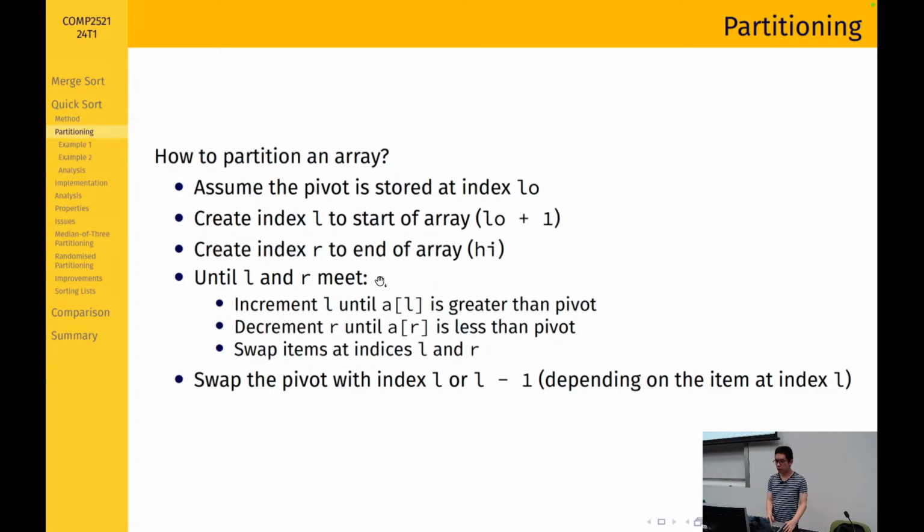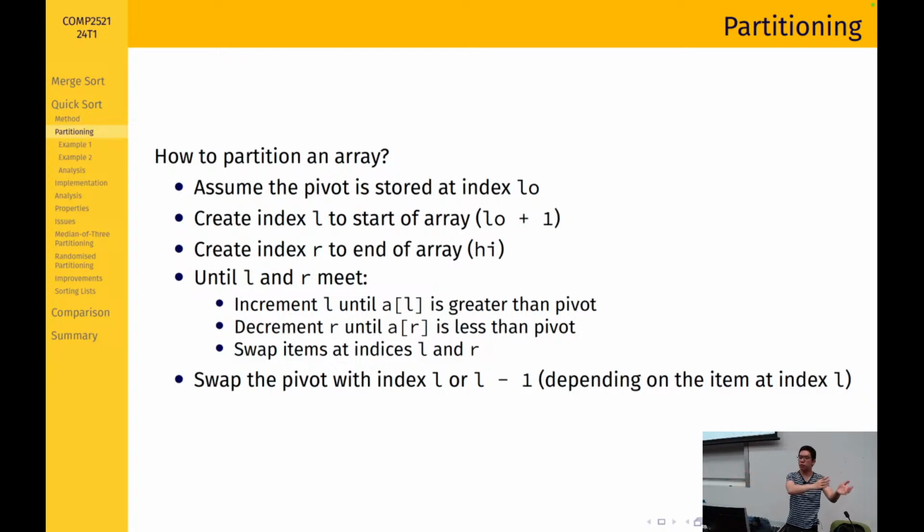Then, until index L and R meet, we're going to advance the left index until we find an element that doesn't belong on the left-hand side of the array, that is, until the element is greater than the pivot. Then we stop the left pointer.